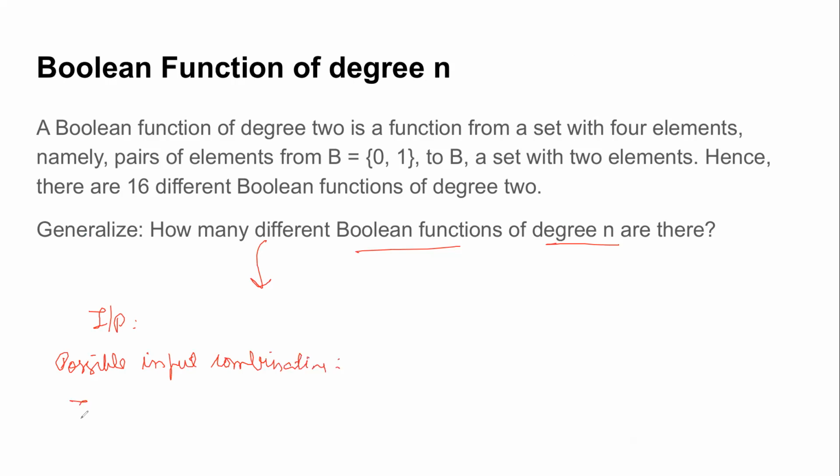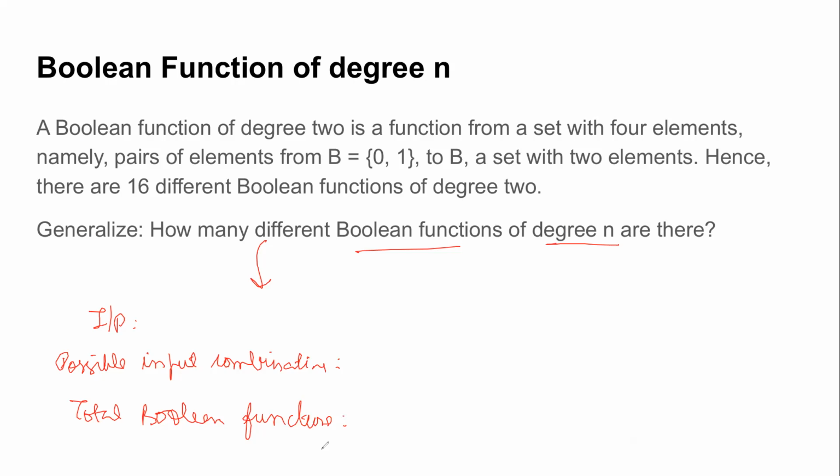And then see the total Boolean functions based on the fact that each term can be 0 or 1. So tell me, how many possible degree n Boolean functions can you create? Use the same chronology of steps.